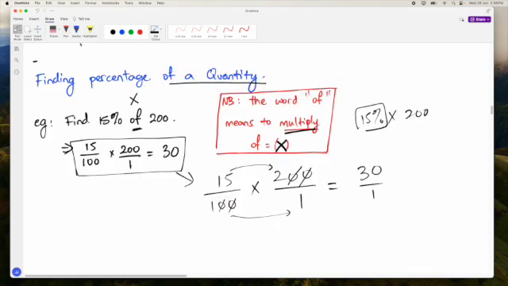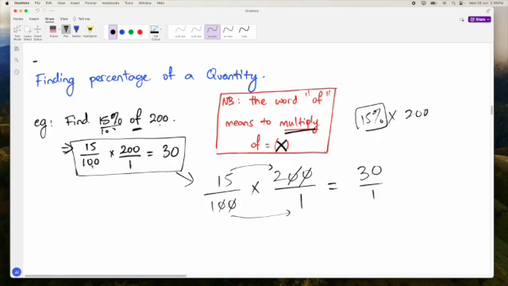So finding the percentage of a quantity. And we do this all the time. Find 15% of 200. You know, you work for $200 for the week, and the government takes a tax of 15% of it. So you feel you're going home with 200, but no, how much are you really going home with? What is 15% of 200? Well, remember 15% being over 100.